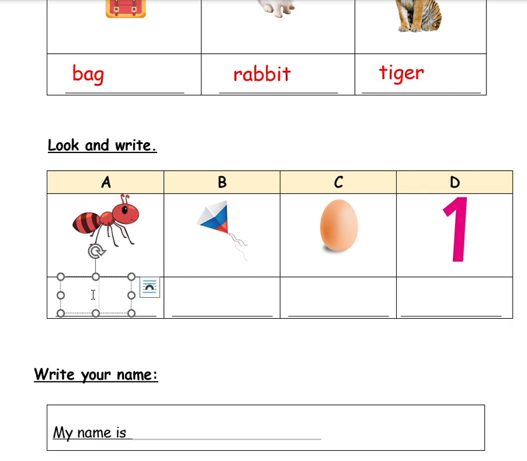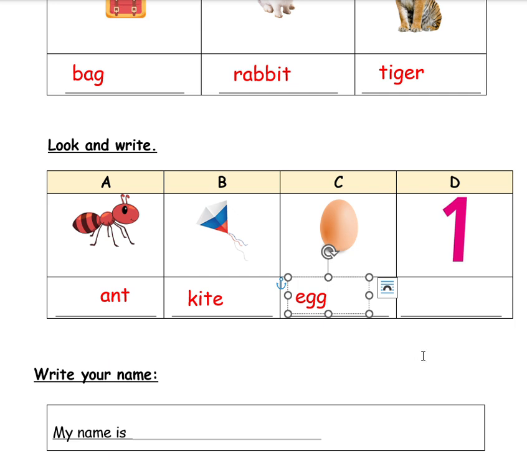So you have to write here ant. Now here we have kite. And here we have egg. And here we have one.